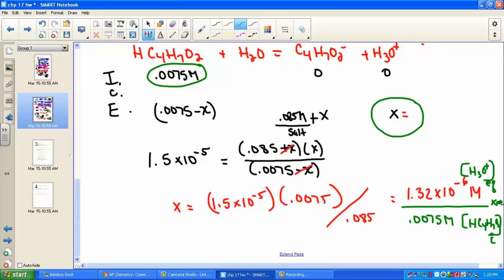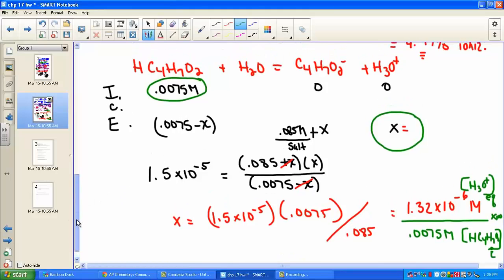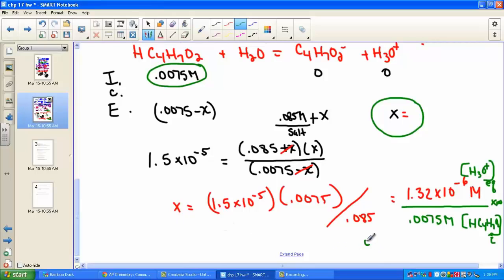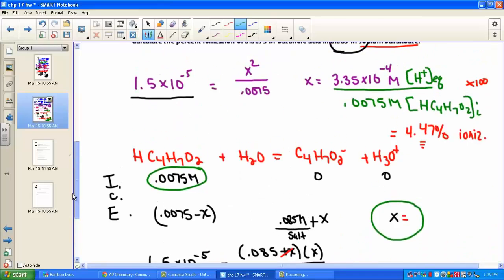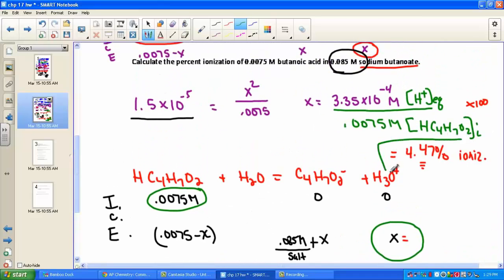So I'll divide by 0.0075 times 100 for a percentage, and I found my percent ionization to come out to be 0.0176%. Definitely a smaller number, as we had predicted.